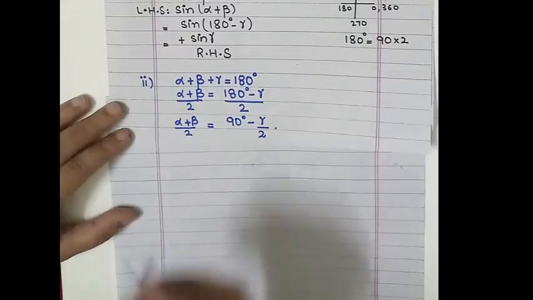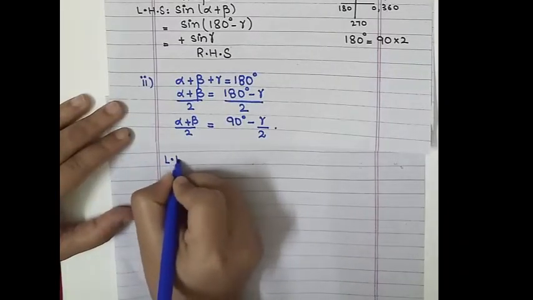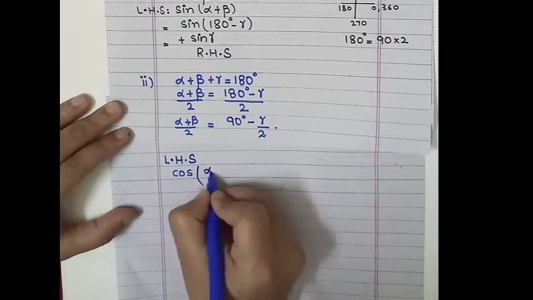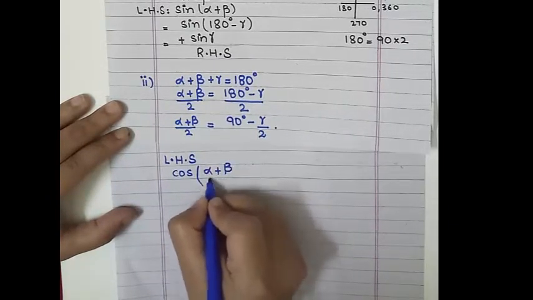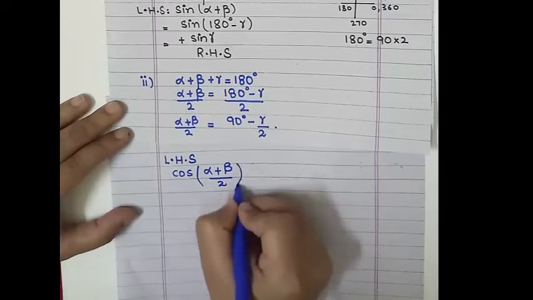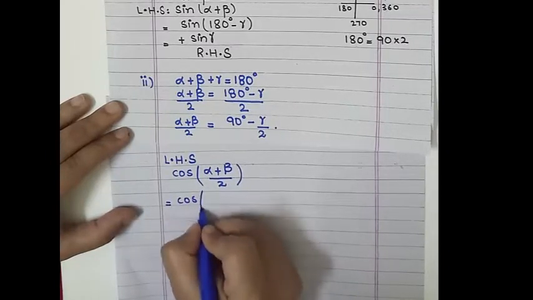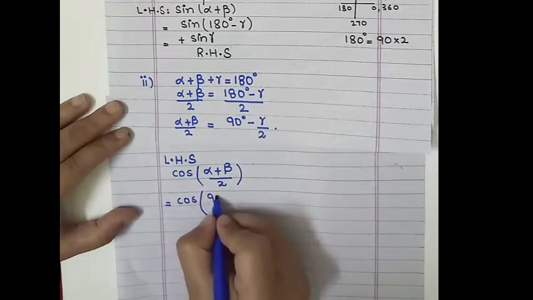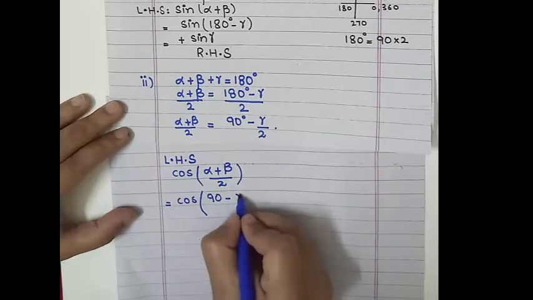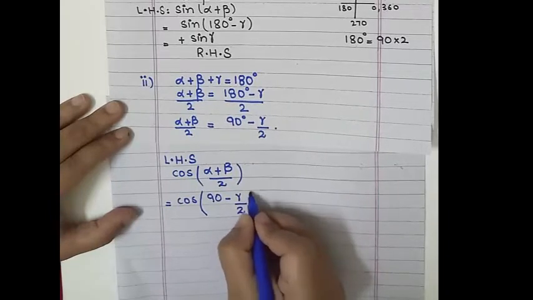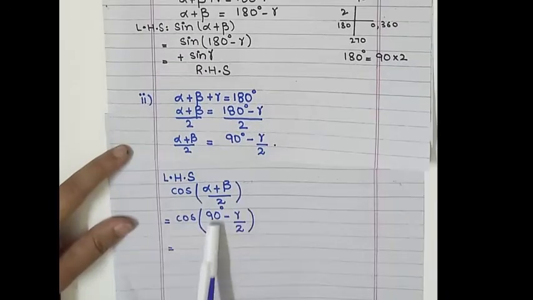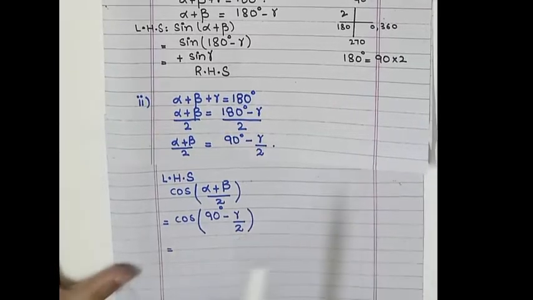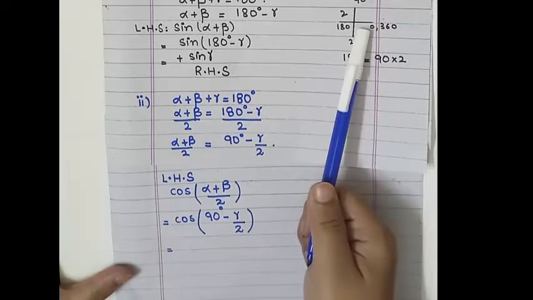Now we will use the left hand side, which is cos of (alpha plus beta) over 2, which is equal to cos of 90 minus gamma over 2. So 90 minus angle means we are in the first quadrant, right?